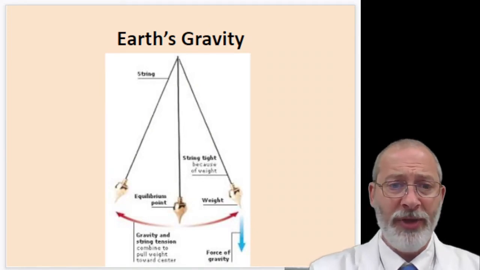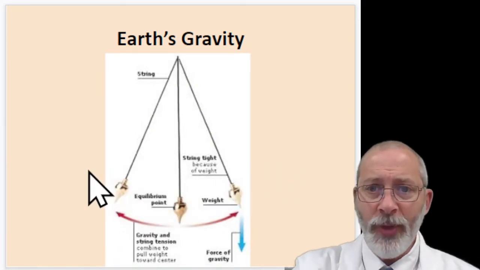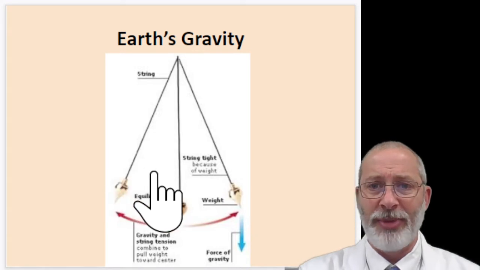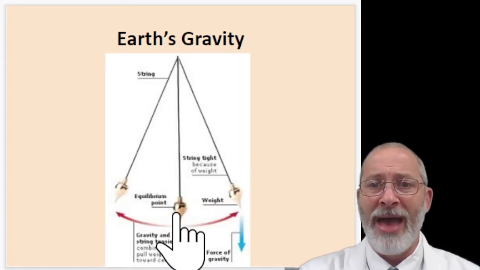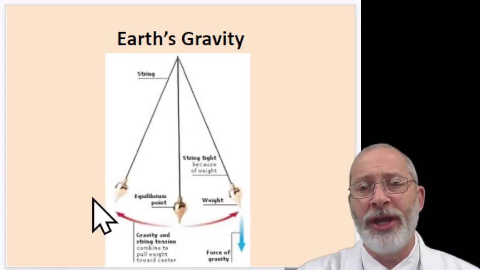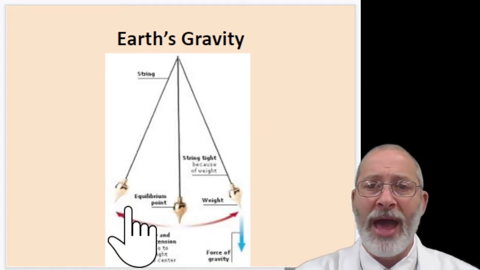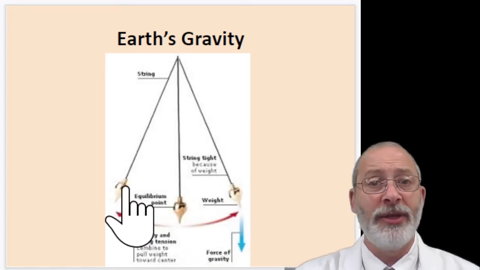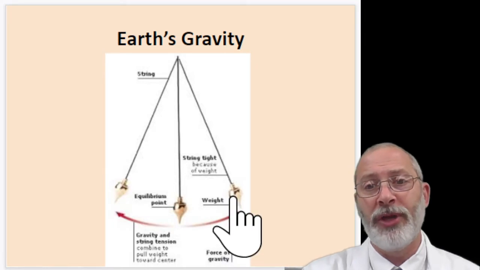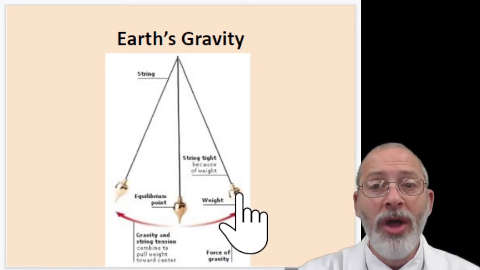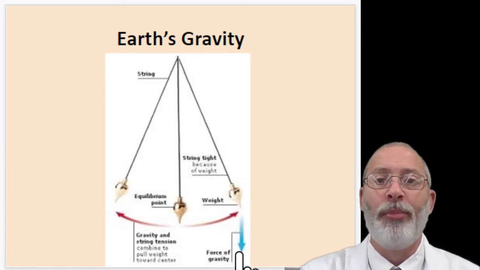So I explained to you before what a pendulum is. A pendulum is a mass on some type of a string that's allowed to swing back and forth. And it's allowed to swing back and forth because when you let it go, gravity is going to be pulling it down.